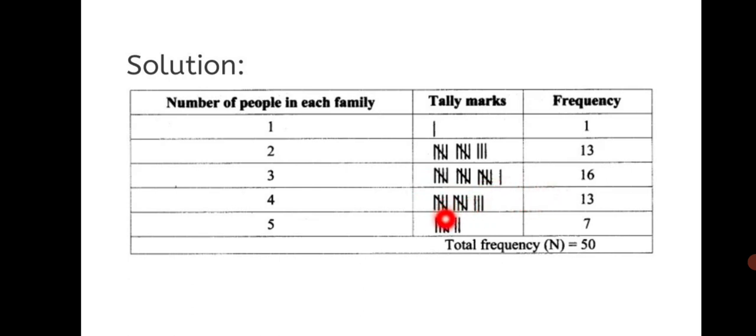Here you see for 4 people in a family, we have 5 plus 5 is 10 plus 3 is 13. And for 5 people in a family it is 5 plus 2 is 7. Now when you add these frequencies, you get the total n is equal to 50. So using the table, we have found the total frequency, that is n is equal to 50.